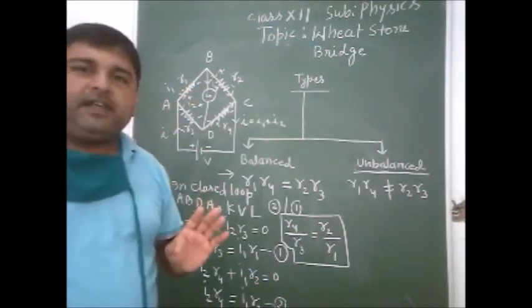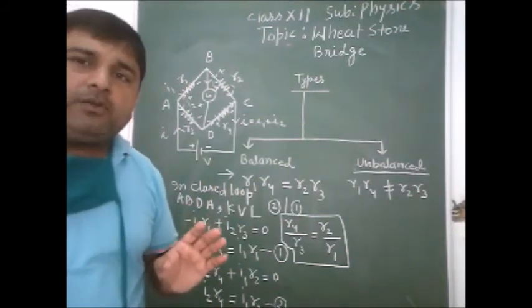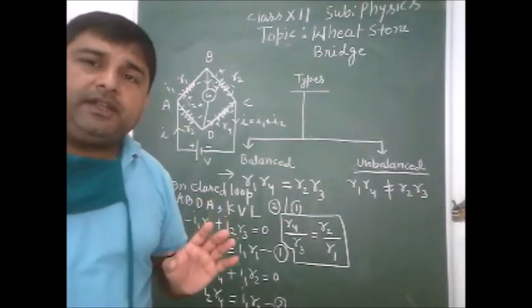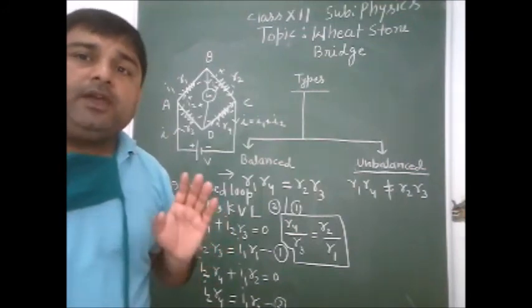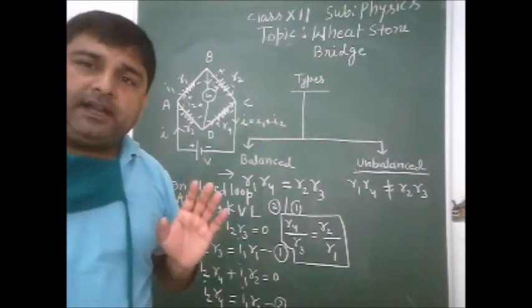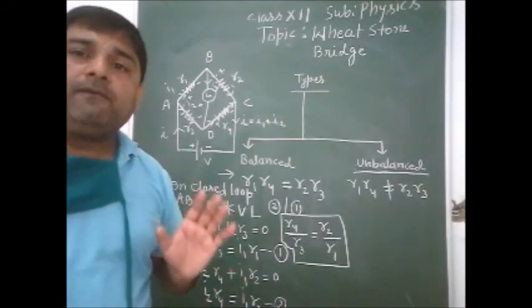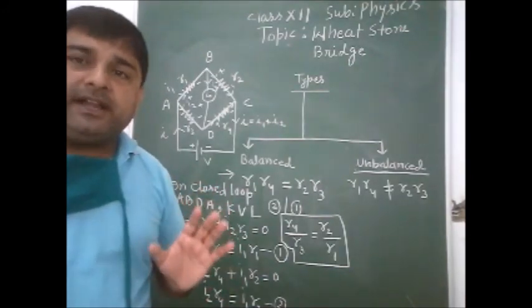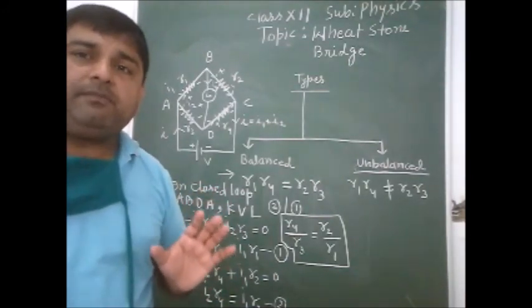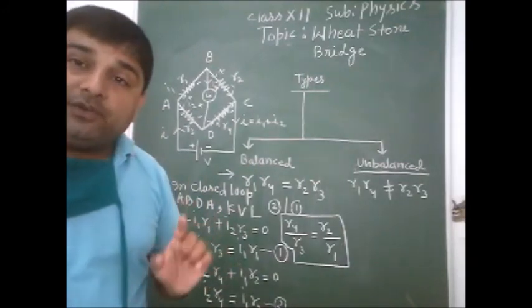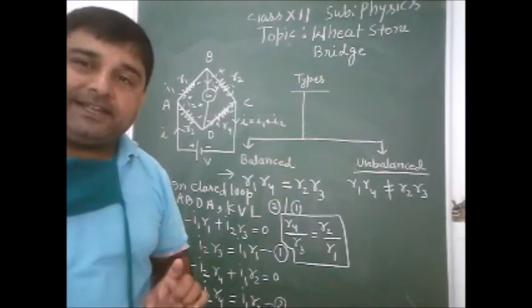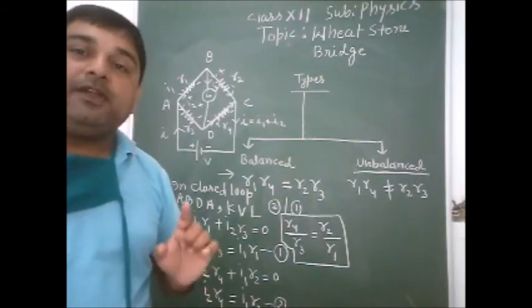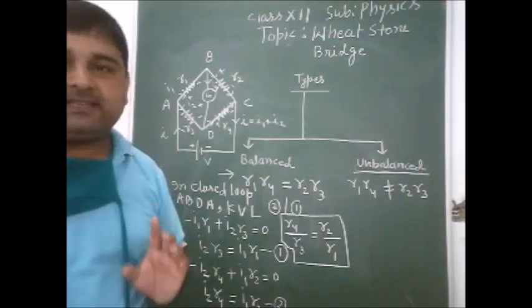So once again I am summarizing what we studied today. We studied today about the Wheatstone bridge. Wheatstone bridge is the arrangement of 4 resistors connected in the arms of a parallelogram to calculate the value of unknown resistance in terms of known values of resistances.